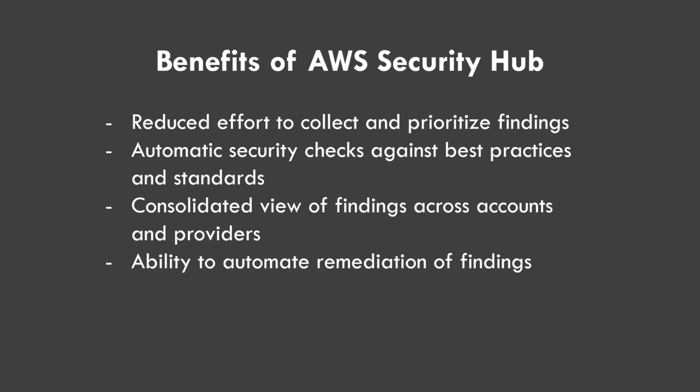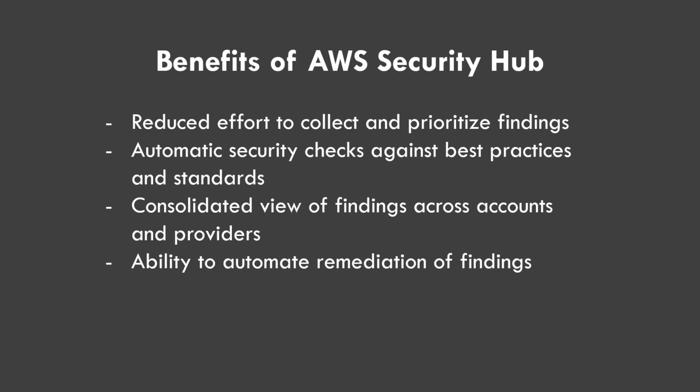So now, what are the benefits of the Security Hub? It reduces effort to collect and prioritize the findings. For example, let's say we have lots of different Amazon security tools, right? Like we have Inspector, Access Analyzer.